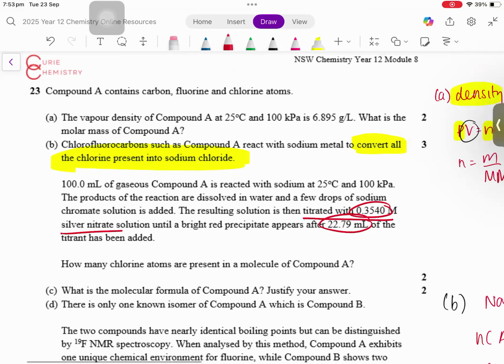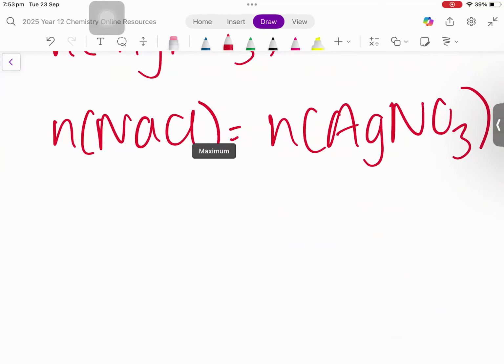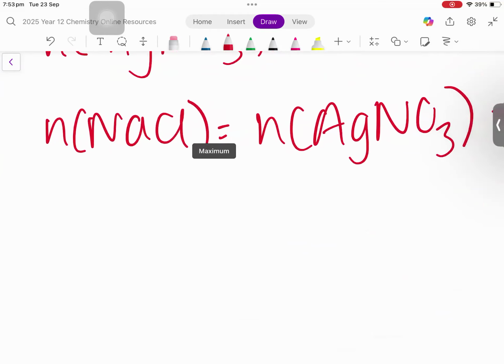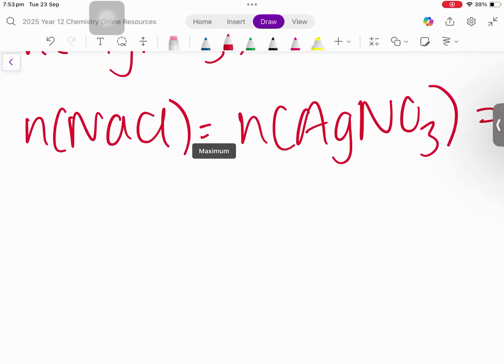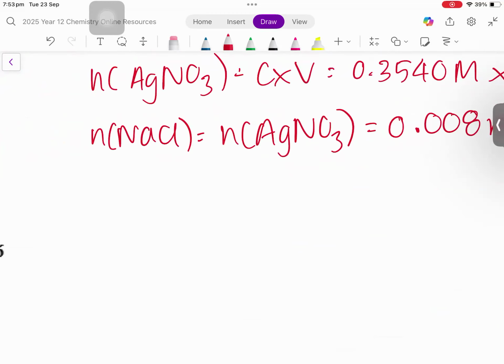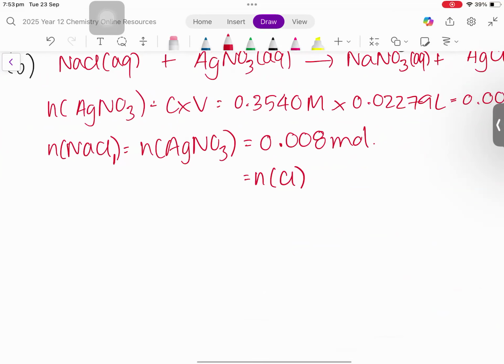What that means is all of the chlorine in sodium chloride came from compound A. So if it's 0.008 moles of sodium chloride, how many chlorines is that? What's the invisible subscript on the chlorine in NaCl? It's an invisible one. So therefore, if you have 0.008 moles of NaCl, it's also 0.008 moles of just Cl from compound A. Okay?